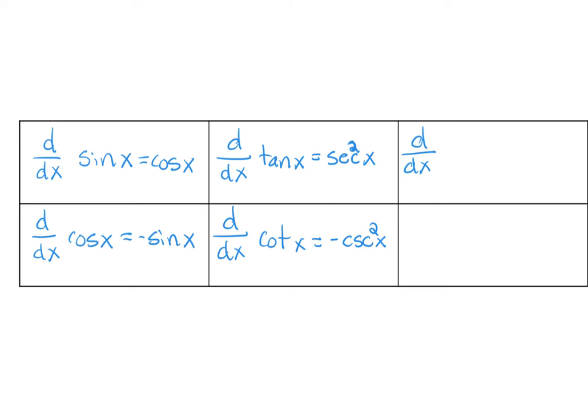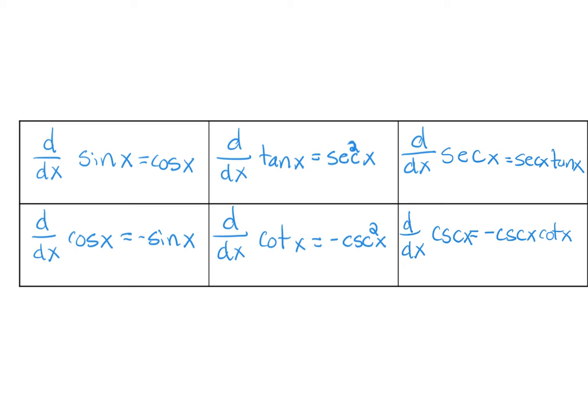The derivative of secant is secant times tangent. And then the derivative of cosecant is negative cosecant x times cotangent x.